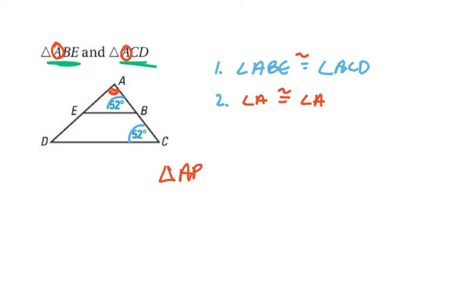Triangle ABE is similar to triangle ACD. That's all it takes. This one, we just followed the order that they wrote it in. It matches up. We're going to do this on one more problem. The next one's probably the hardest one. And then we got one other type of problem at the end, and I'll set you loose on your homework. Pause here if you need to catch up.